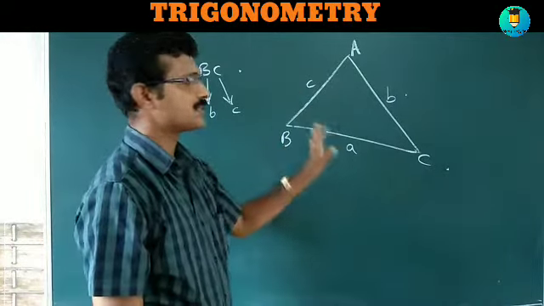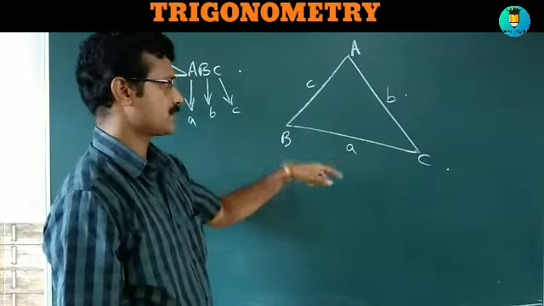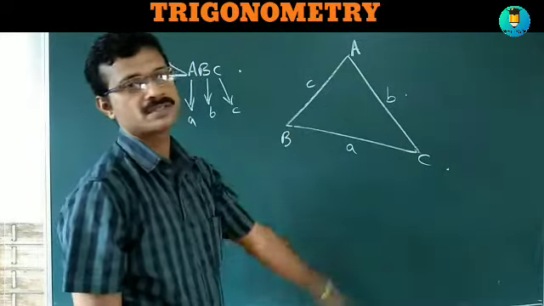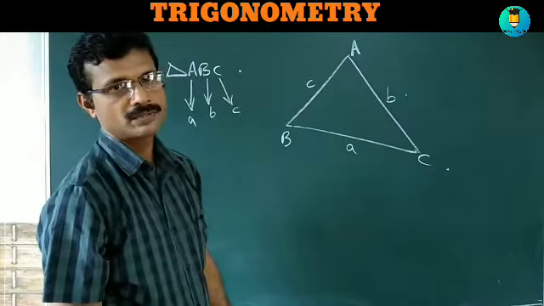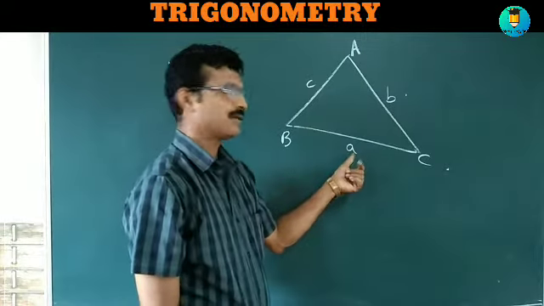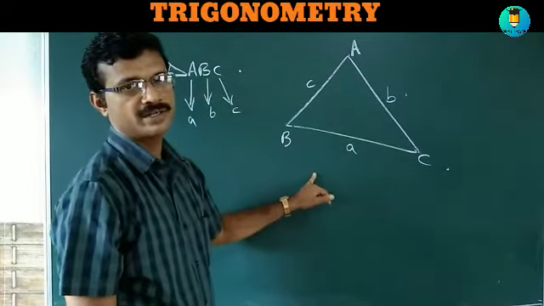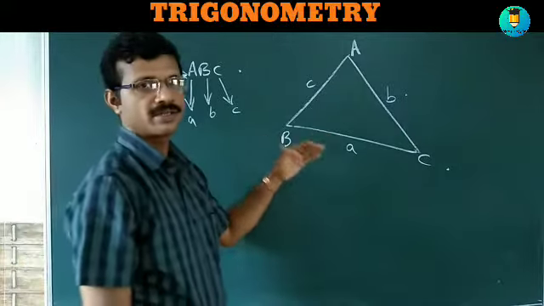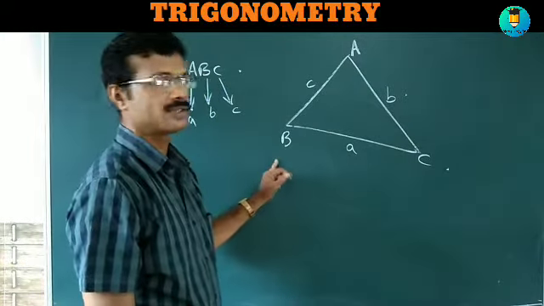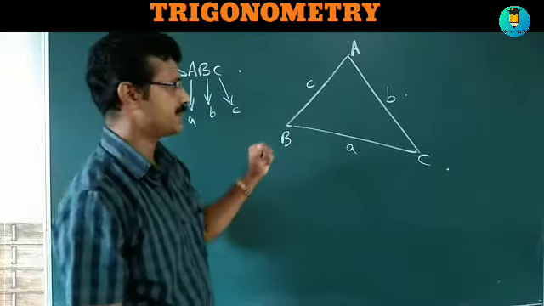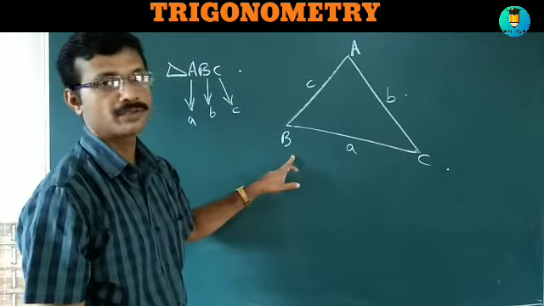So small a, b, c is always opposite to capital A, B, C. This you have to know. This is very much needed from standard 11 onwards, but this year onwards we will try to include these things, since you must learn this. Then only it will be easy for you in higher studies.